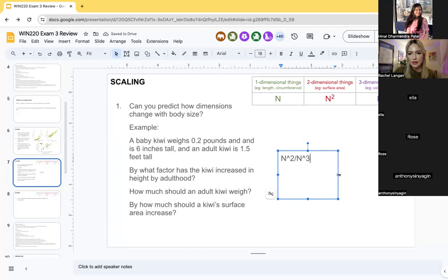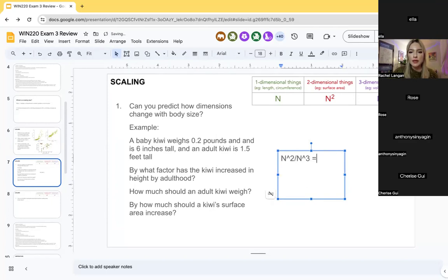We know that's how it should change, right? Yes. And then we don't know what the surface area is, so that's X, but we do know what the volume or the mass is, right?